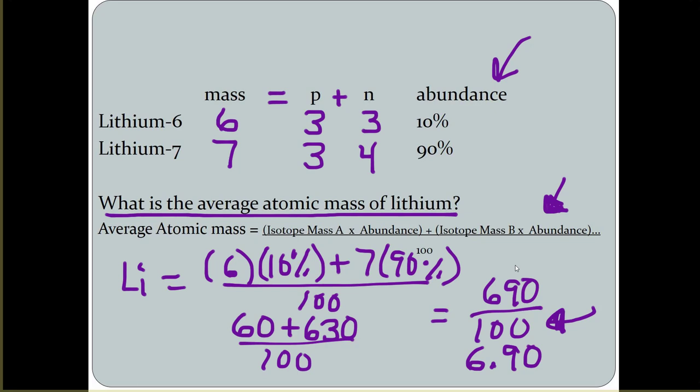So just to avoid all those common errors, keep it in a percent and at the very end, then divide it by 100. This is how you figure out the average atomic mass. And if you do have more than just 2 isotopes, then you would just keep going and add on. And then again, divide by 100 at the end.